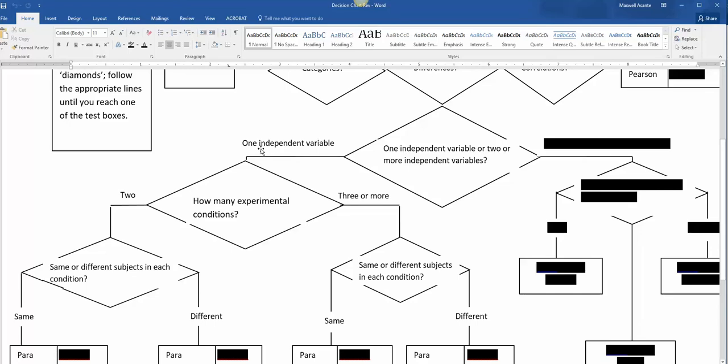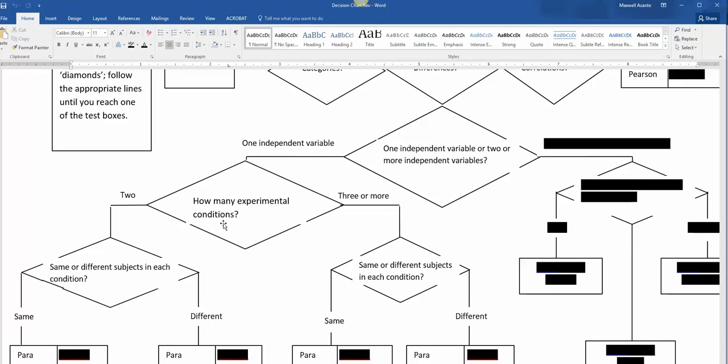The next question that comes up is, how many conditions are there? How many experimental conditions are there in your design that you are considering? You could have 2, and 2 is the minimum number of conditions that you need to have an experiment.